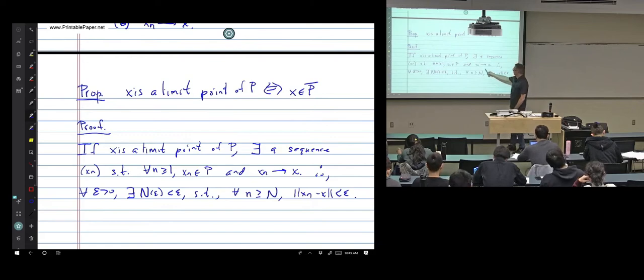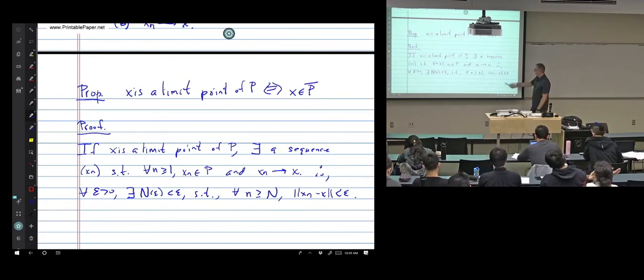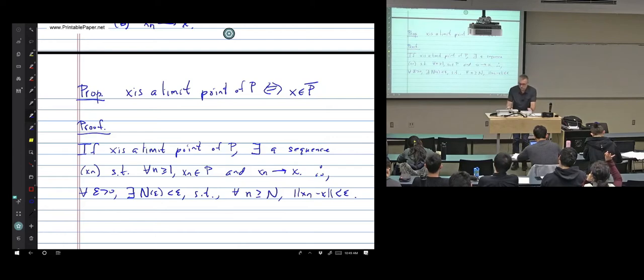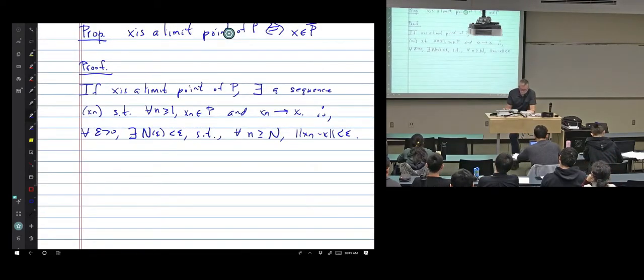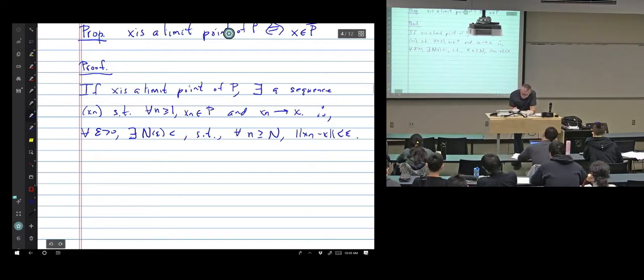Okay, so that's just unwrapping this. So now we have elements of P that are arbitrarily close to X. Oh, that's supposed to be less than infinity. Yes. Thank you.